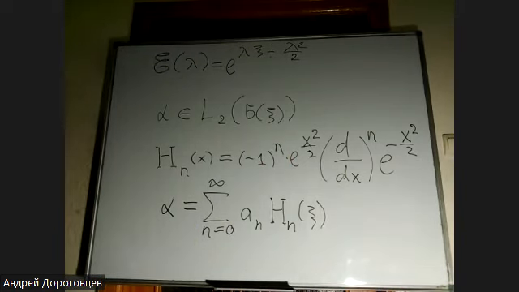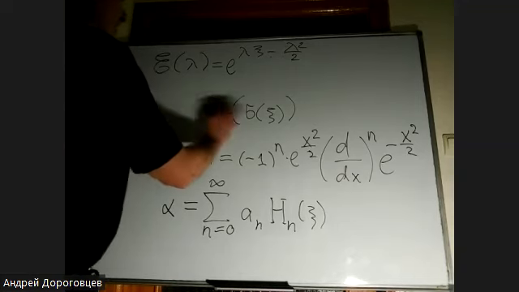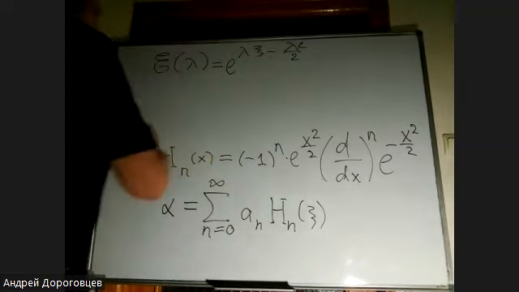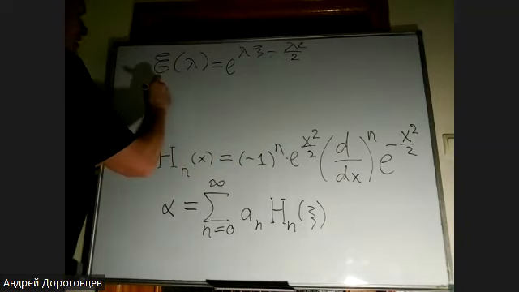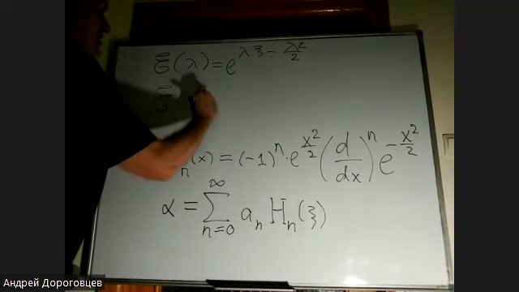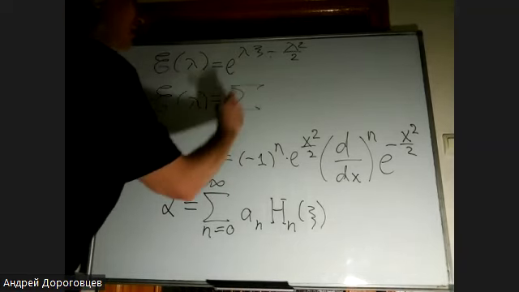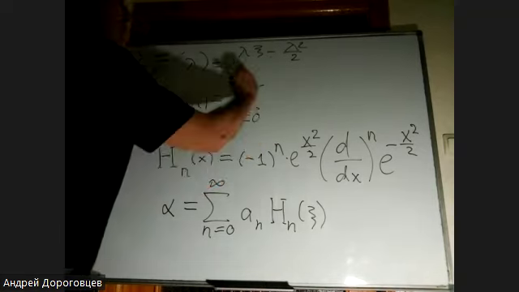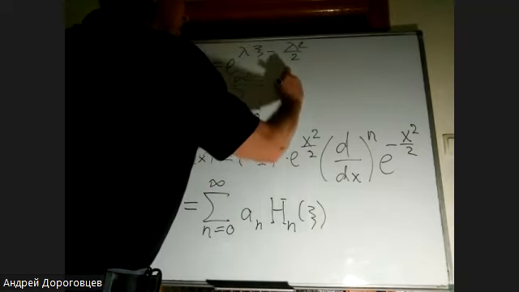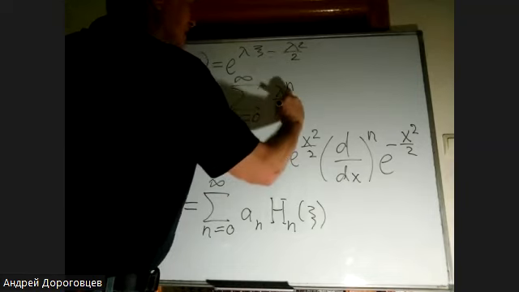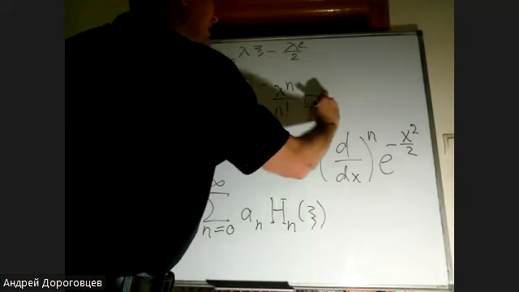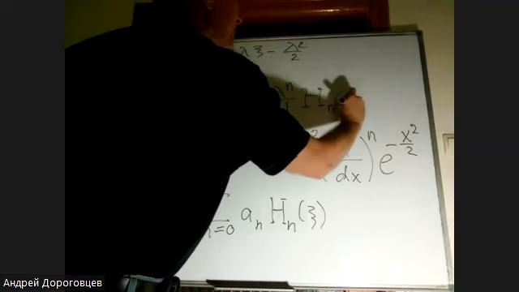It can be easily checked that this random variable is square integrable. Moreover, it has a very nice expansion with respect to Hermite polynomials of psi. Namely, we have the following expression: E of lambda is equal to the sum from n equals 0 to infinity of lambda in n power over n factorial, and here is h n of psi.